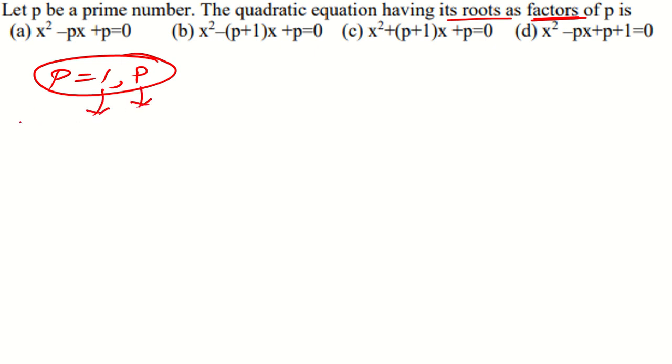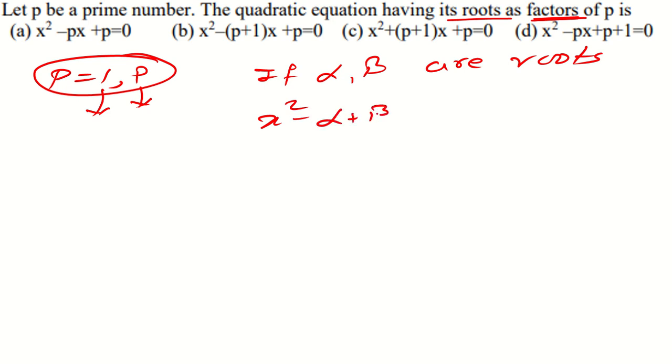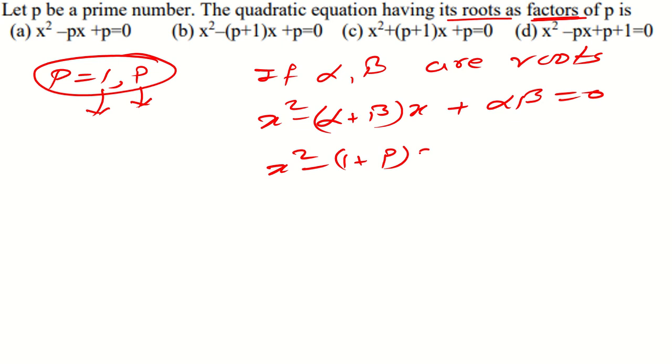And what is the formula? If alpha and beta are the roots of the equation, then the equation is x square minus (alpha plus beta) times x plus alpha times beta equal to 0. It means x square minus (1 plus p, or p plus 1 you can say) x plus alpha times beta, which is p times 1, is p, equal to 0.